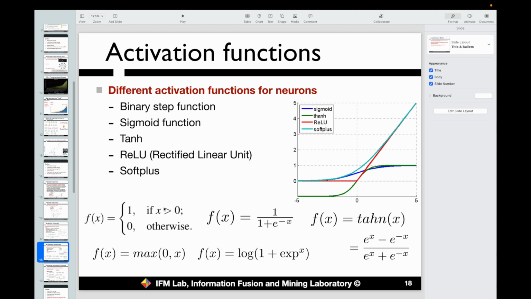The step function has some advantage because it is very straightforward. However, it also has some disadvantages. First of all, it is not differentiable at points like x equals 0, because there will be a jump there. Also, for the remaining points, its differentiation of the output versus the input will all be 0.